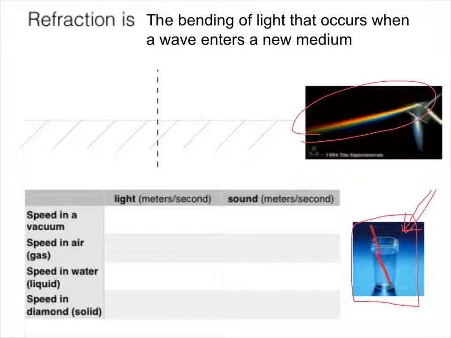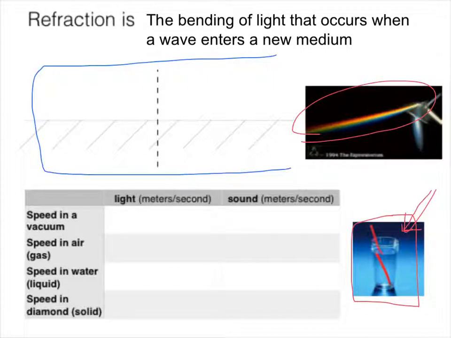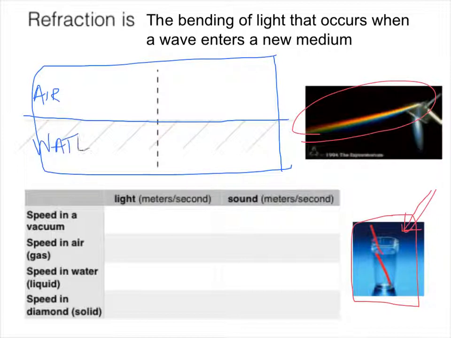And so if we're talking about light entering a new medium, we're going to draw a ray diagram. In this ray diagram, there's some information that we're going to need. This line here represents the interface, where we have, in this case, let's say air above and water below.